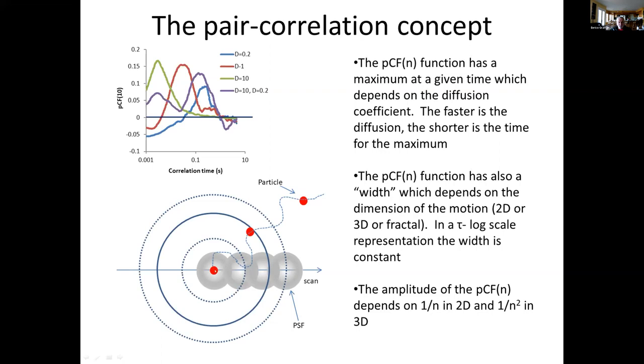So originally, the particle is here, and the particle can diffuse everywhere. If we make a circle around the particle, and the particle can only move in a plane, I will always find the particle with some delay. The probability to find the particle depends on how big is the volume of observation.